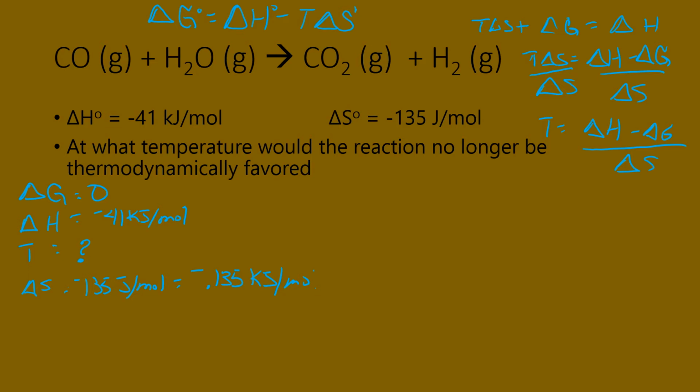So delta H was negative 41, minus 0, divided by negative 0.135, and this is going to equal 305 Kelvin.